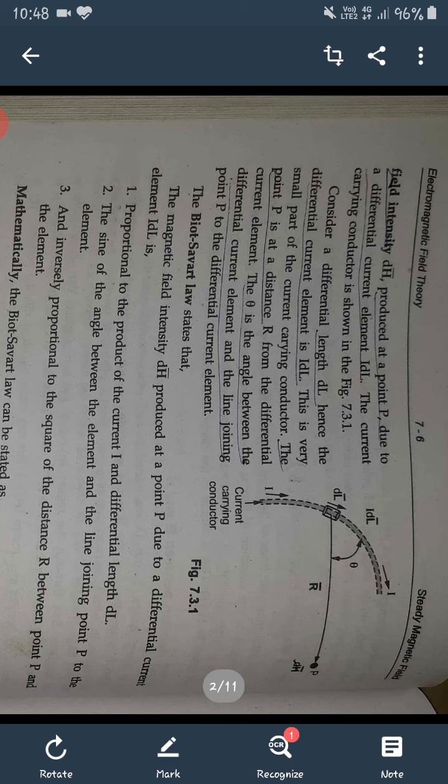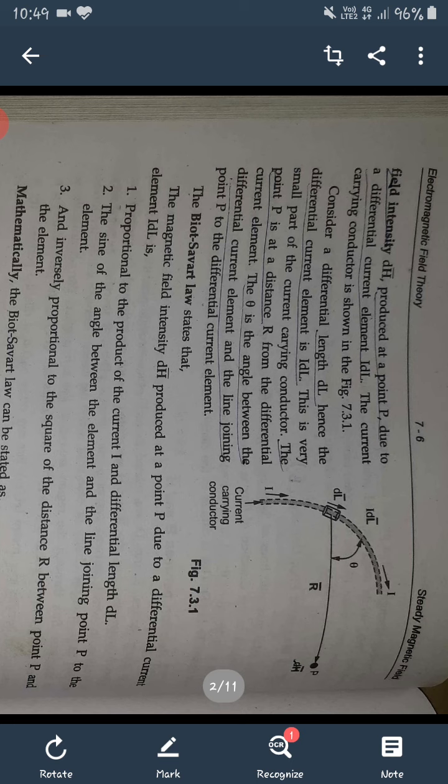You can see the diagram. So P is the point where we are finding the differential magnetic field intensity, that is dH vector. So we have taken an elementary length dL and differential current element will be IdL. The current in that differential element is called a differential current element IdL.